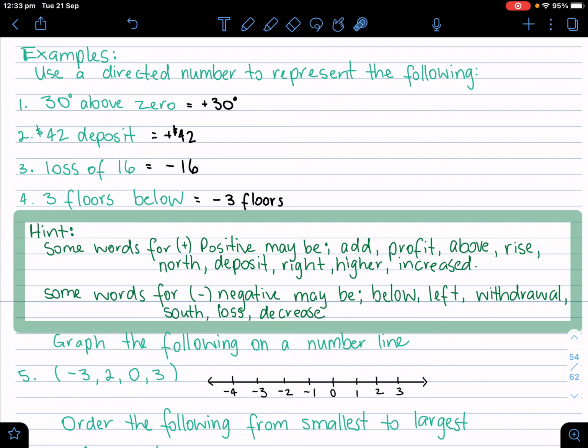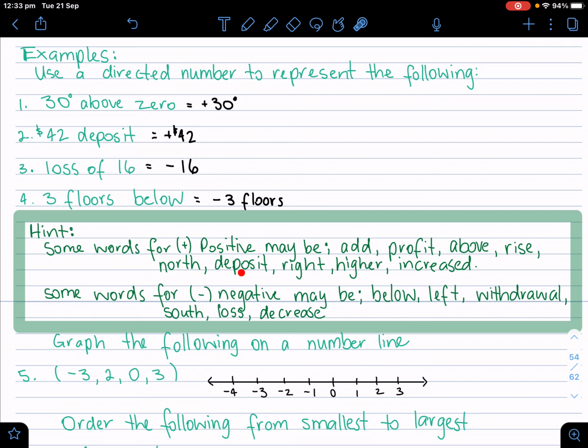So some words for positive may be add, for example, add 3 cups of water. Profit, I made a profit of $100. Above, 3 floors above. Rise, there was a rise in the temperature of 16 degrees. North, she traveled 16 degrees north.